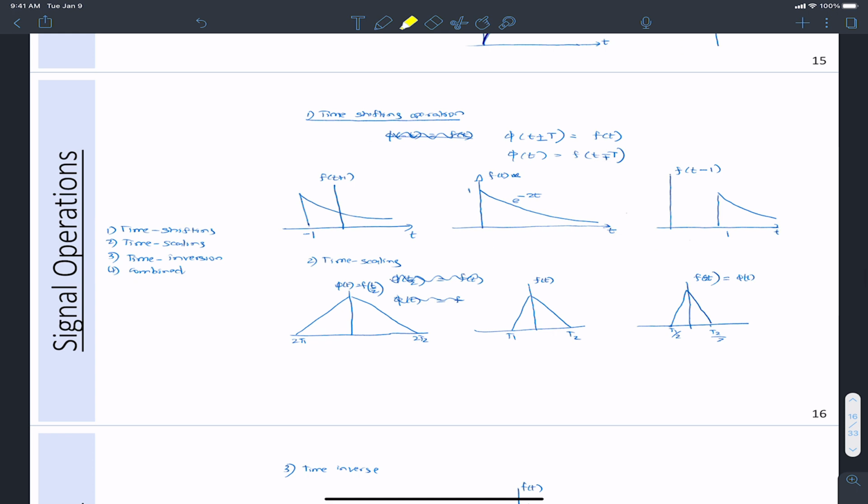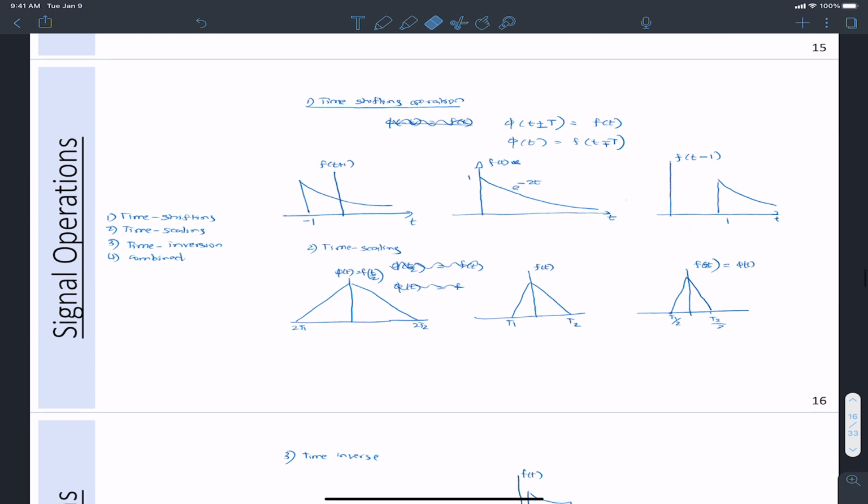Now there are some signal operations. There are 4 types of signal operations, 3 important ones: time shifting, time scaling, time inversion, and then a combination of all of these. So first, the time shifting property.